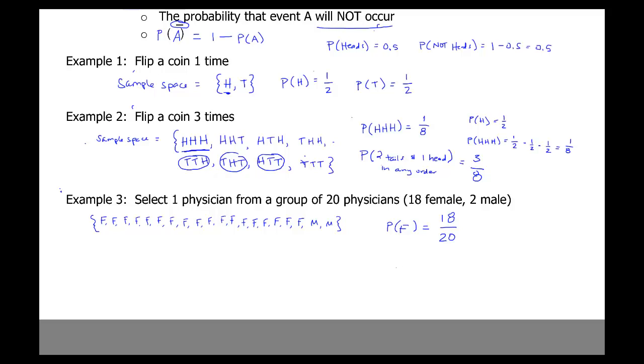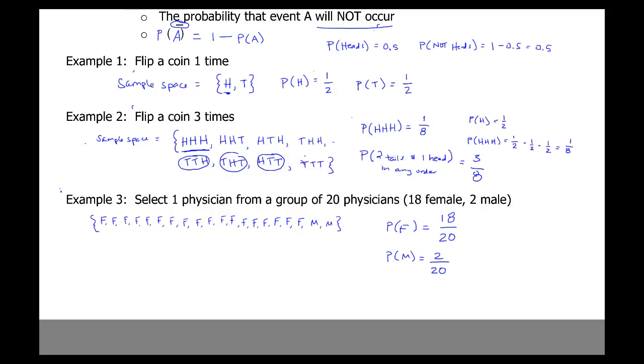So we get a probability of 18 out of 20. We'll say the probability of choosing a male, there's 2 males in the group out of a total of 20 physicians. So again, those are a little bit easier as well because you're only selecting one thing, where in example 2 you were flipping a coin 3 times, so you had to look at the outcomes of 3 things in a row.